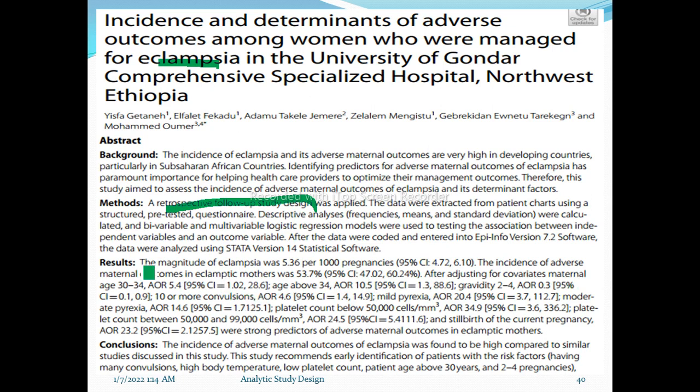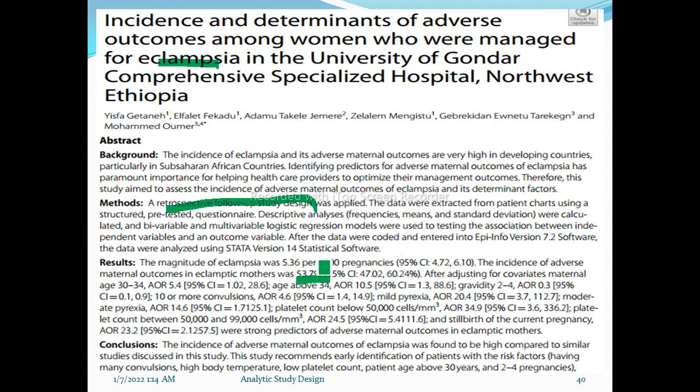The incidence of adverse maternal outcomes in eclamptic mothers was 53.7. This study is done retrospectively, but the follow-up is made on charts. On the charts, mothers with eclampsia are first identified and followed for outcome, that means adverse maternal outcomes.